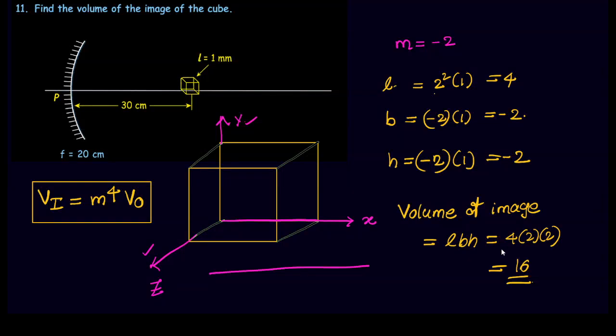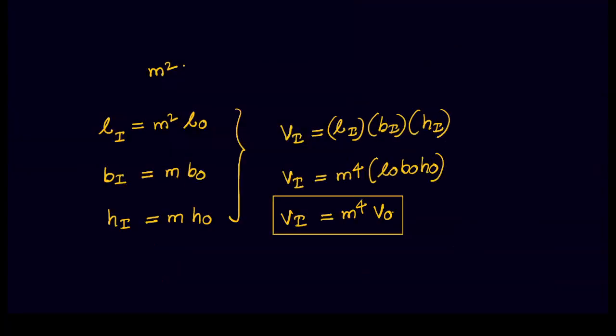And the thing you need to remember here: the dimension parallel to the principal axis is magnified by m square times, and perpendicular to the principal axis is magnified by m times.